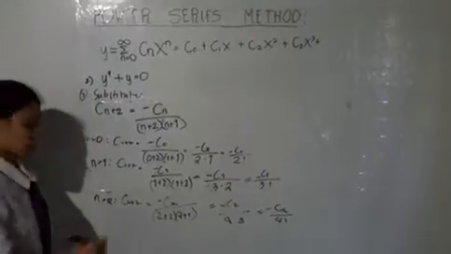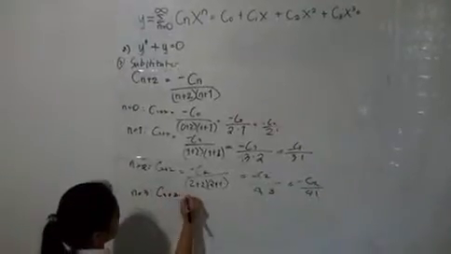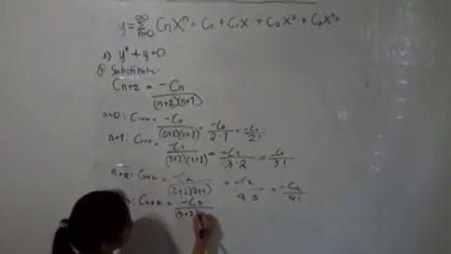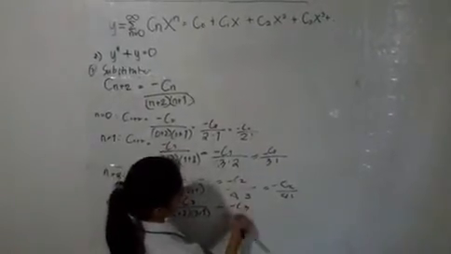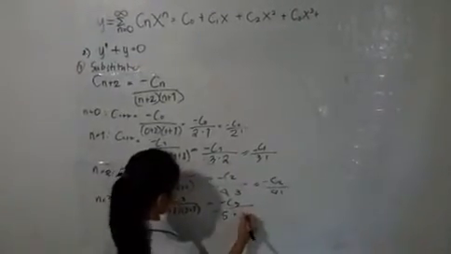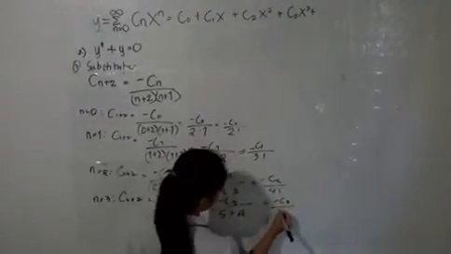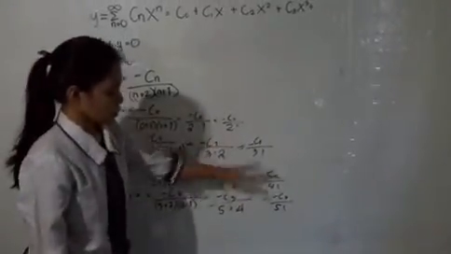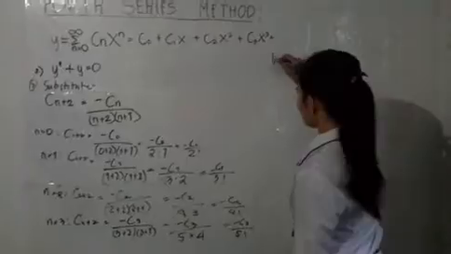Now, if our n is equal to 3, we have c3 plus 2 is equal to negative c3 over 3 plus 2, 3 plus 1, will be equal to negative c sub 3 over 5 times 4, which will be also equal to negative c3 over 5 factorial. Now, we can notice a pattern.